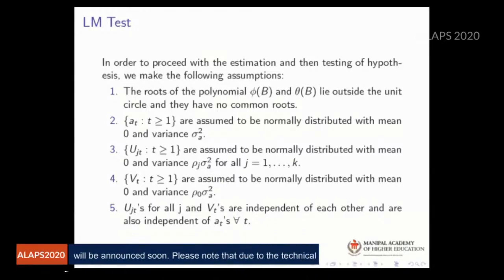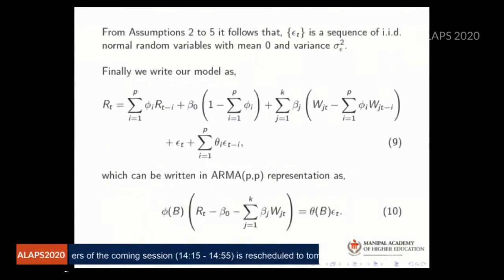The sequence Ujt are assumed to be normally distributed with mean 0 and variance rho j sigma square a. The sequence Vt are assumed to be normally distributed with mean 0 and variance rho naught sigma square a. Ujt for all j and Vts are independent of each other and are also independent of At for all t.